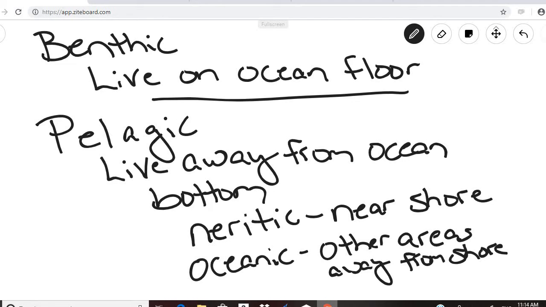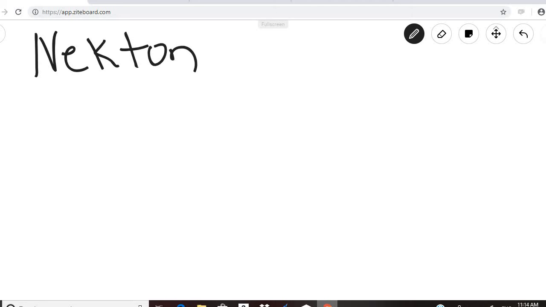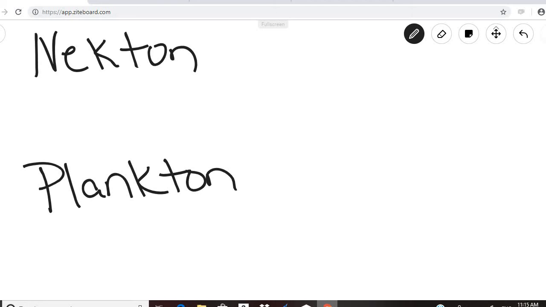And then two other terms are whether something is nekton or plankton. So something that is nekton is something that's able to swim against the currents.